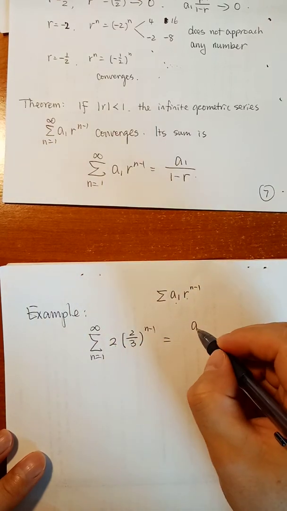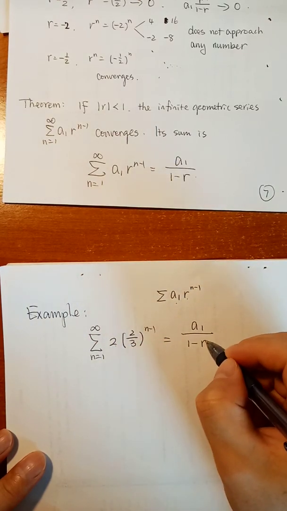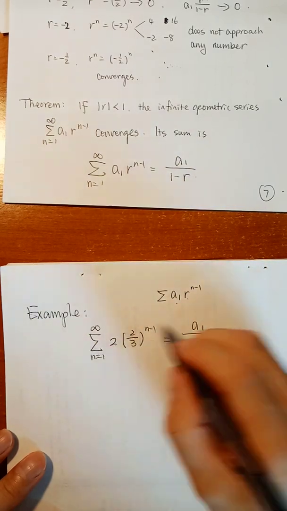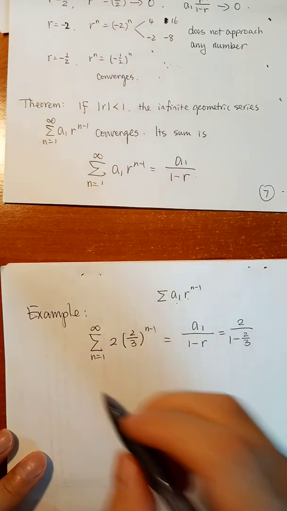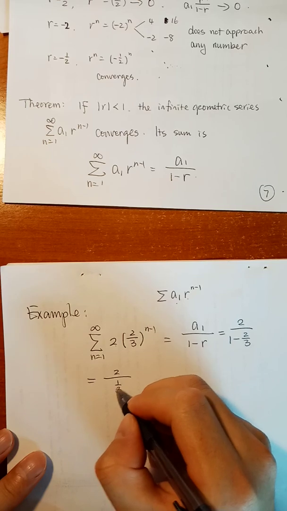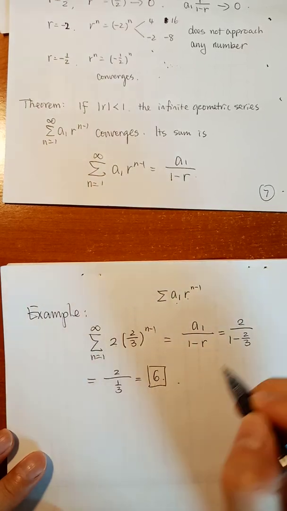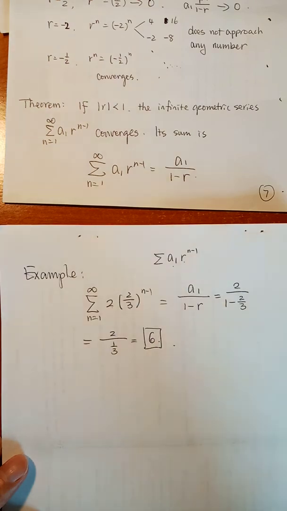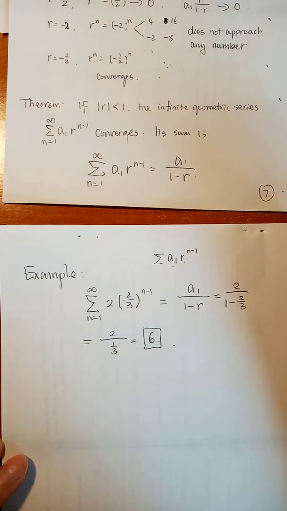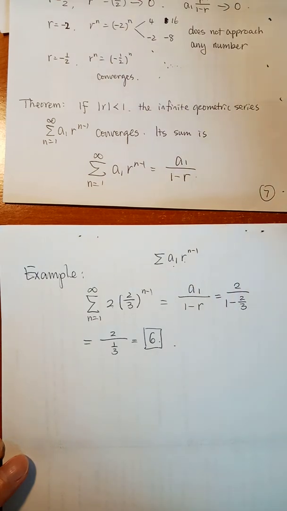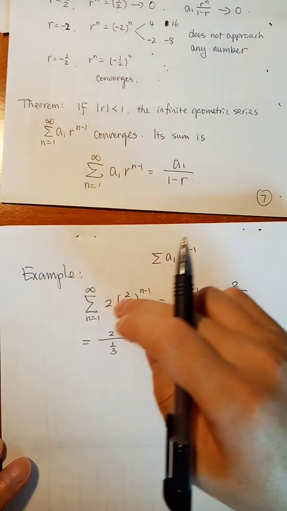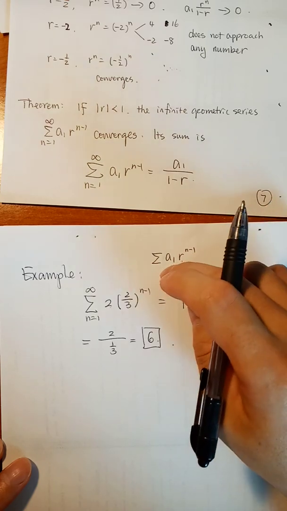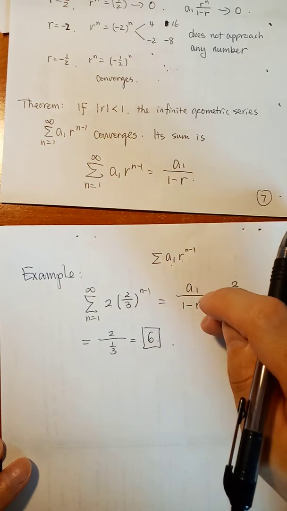Then it is equal to the initial term over 1 minus r. The initial term is 2, r is 2/3, so this infinite sum is equal to 6. Okay, so that's the case. Whenever you write it like a r to the n minus 1, then it is a over 1 minus r.